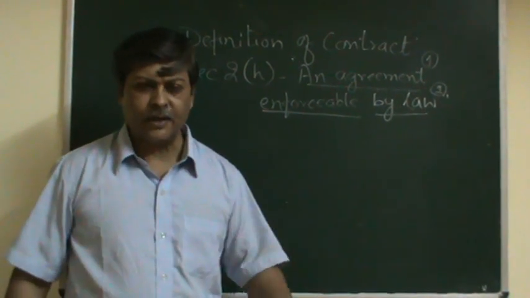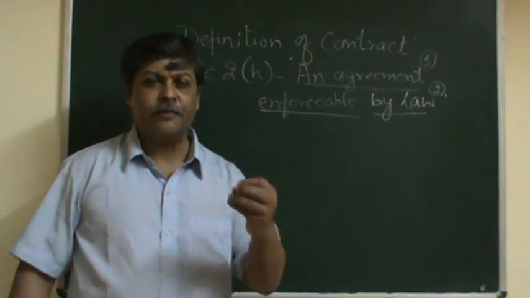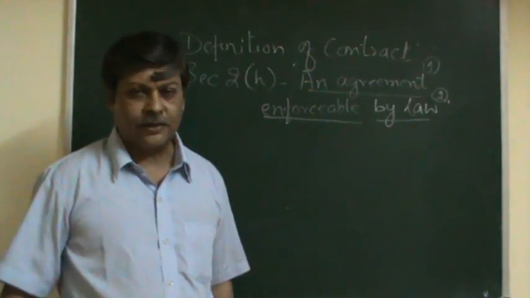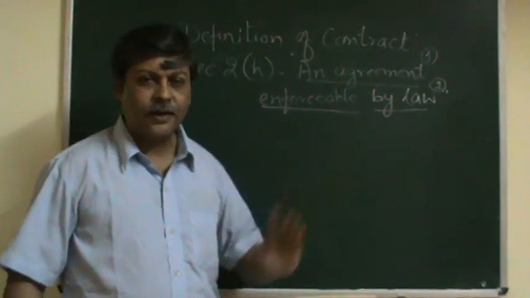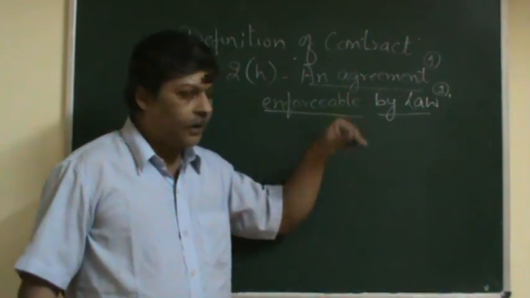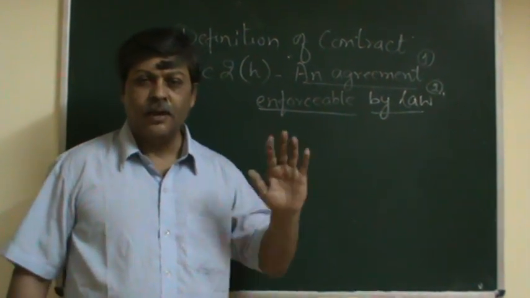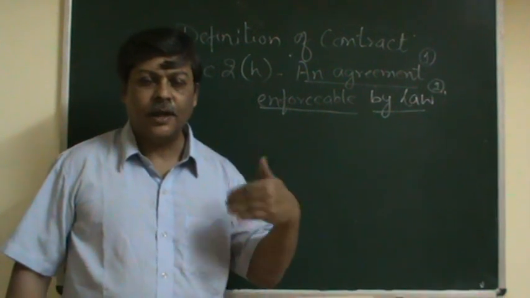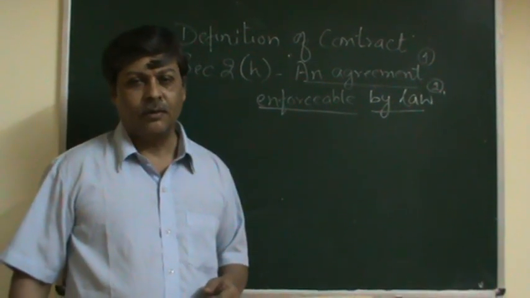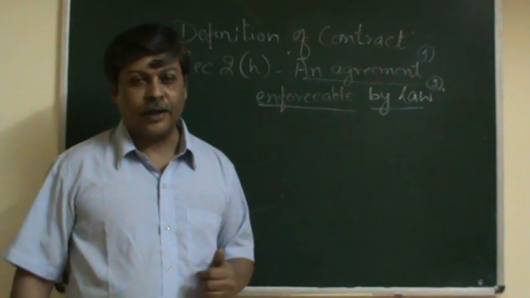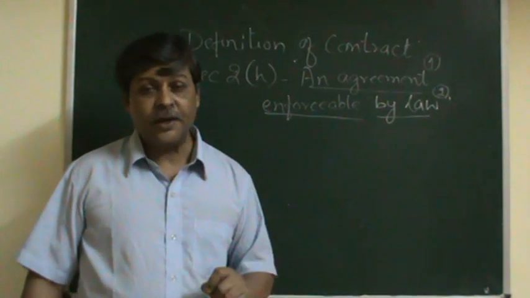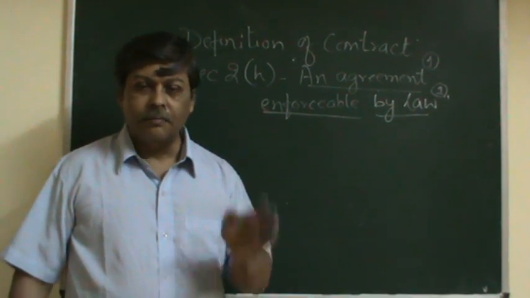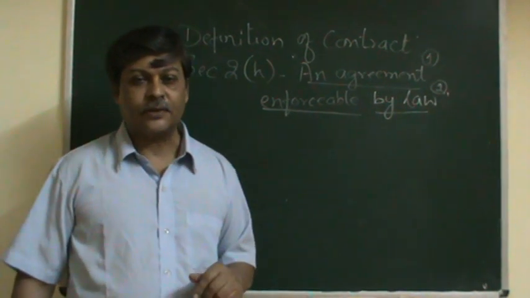Commonly every person says that a contract is an agreement. This is the first part. The second part is enforceable by law. We will try to understand what the term agreement means. Each and every term is defined in this act.